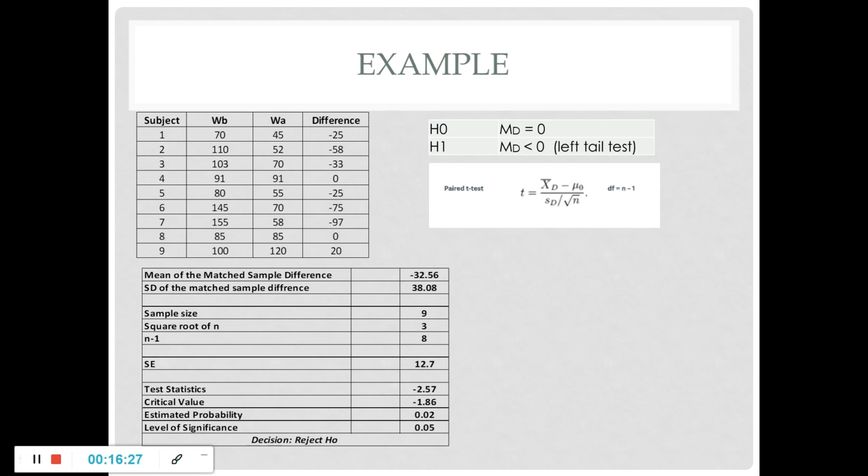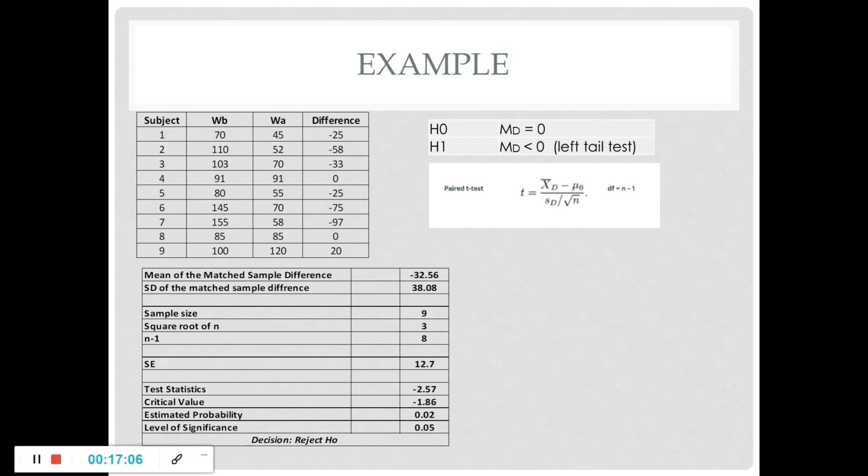Coming to the estimated probability versus level of significance approach, if the estimated probability is less than the level of significance, then you reject the null hypothesis. Here 0.02 is your estimated probability and the level of significance is 0.05. So 0.02 is of course less than 0.05. Even this approach suggests you reject the null hypothesis.